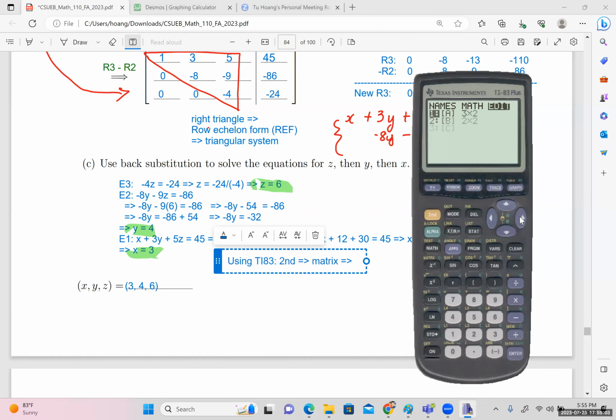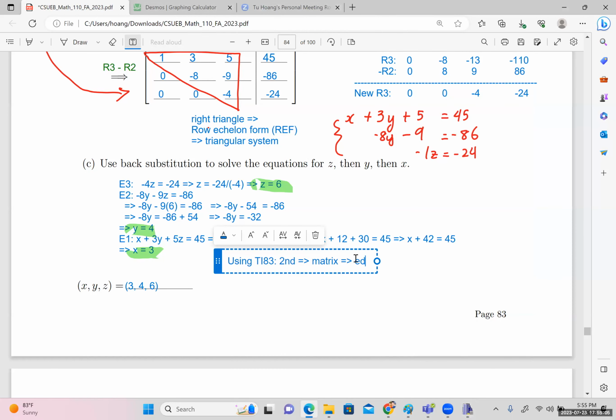And then go to the edit, and maybe input, edit, and then maybe enter number one.